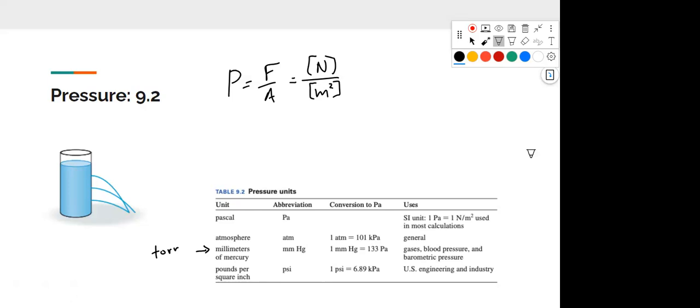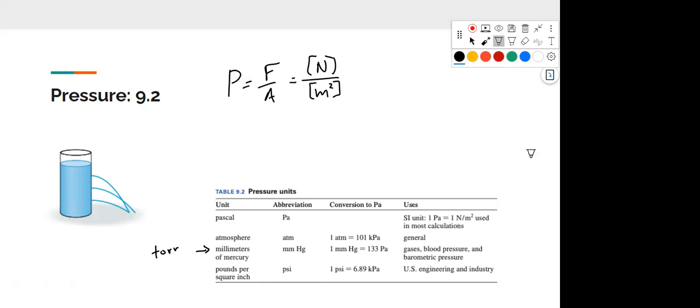And so you'll see torr and millimeters of mercury a lot if you work with any sort of pressure-based medical equipment, or even with blood pressure in the US, which is a little weird, and that sort of thing.